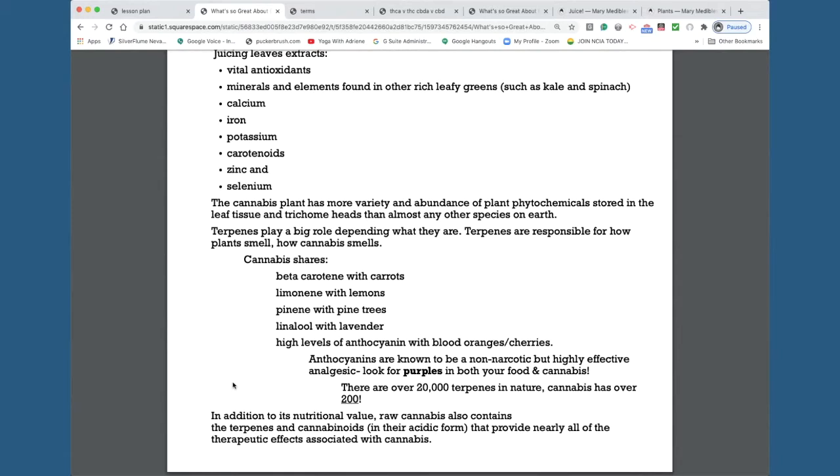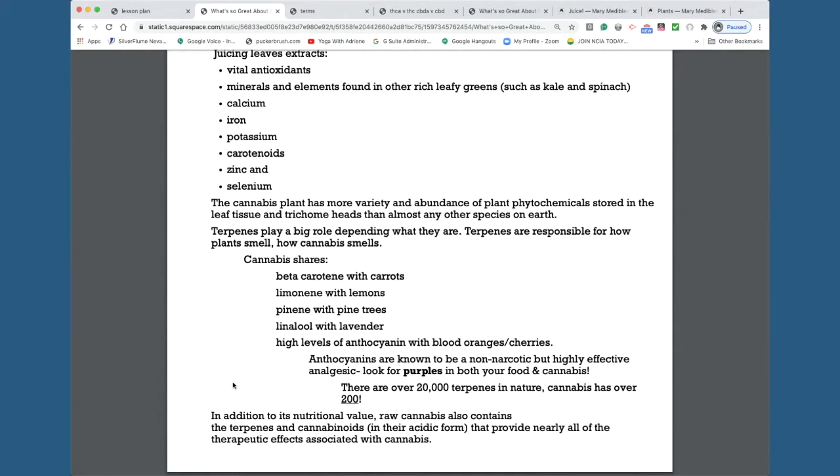And anthocyanins are known to be a non-narcotic but highly effective analgesic. So you might want to look for purples in both your food and cannabis. And there are over 20,000 terpenes in nature, and cannabis has over 200. So you can see why it might be so intense smelling.